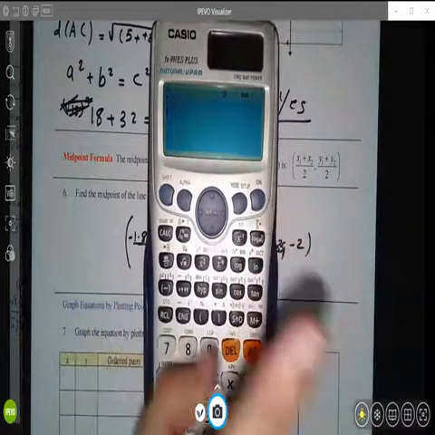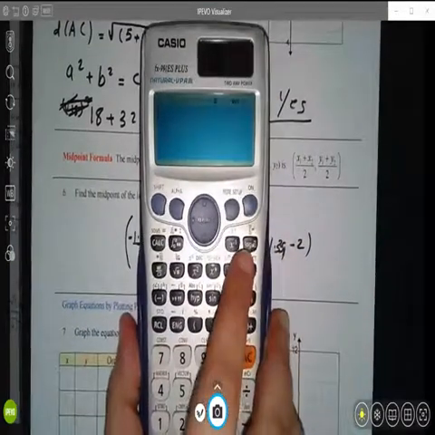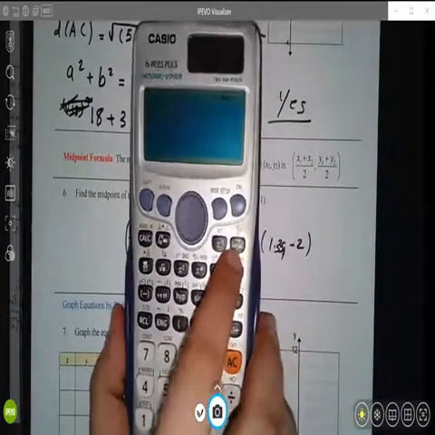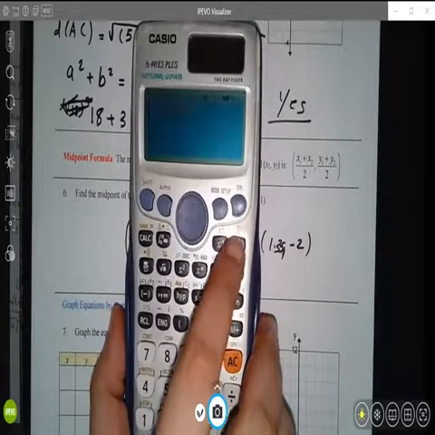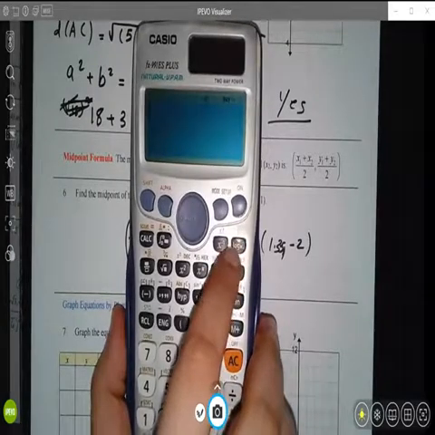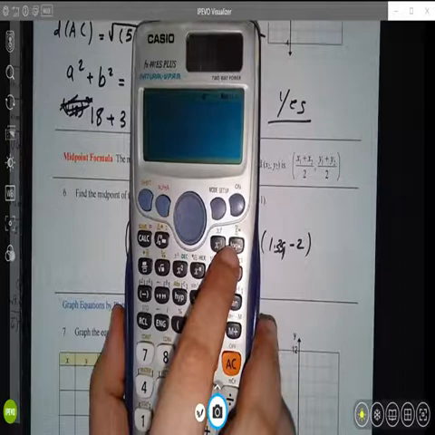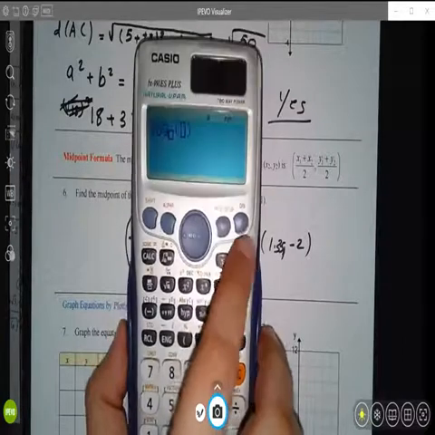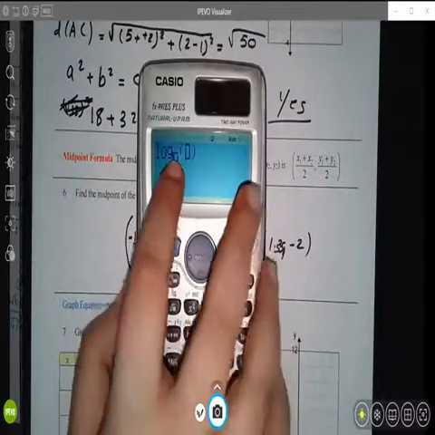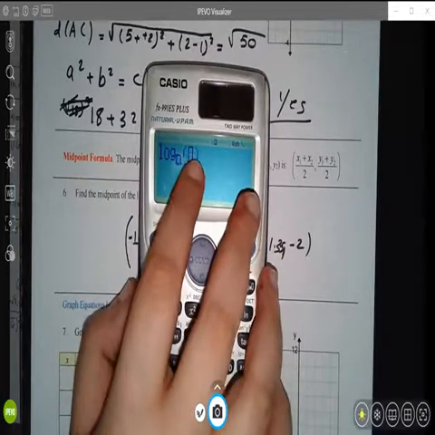Now you can get any calculator that looks like this. I just require it to have one feature. You see this button right here? I just need the calculator to have a button similar to this one, where you can enter a log with a certain base and a certain value.